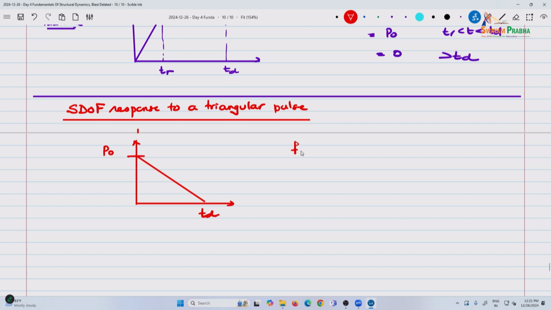So, f of t, or P of t, is P naught times 1 minus t by Td for 0 less than t less than Td, and equal to 0 for t greater than Td.